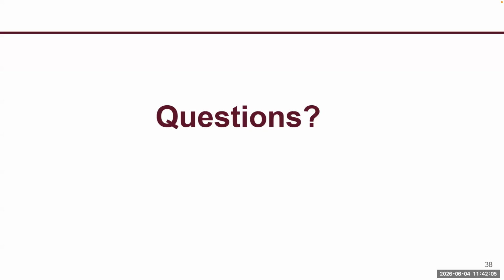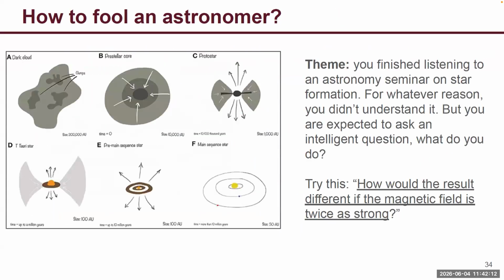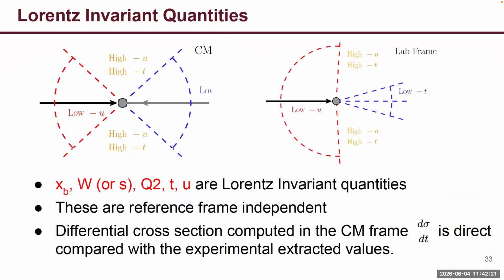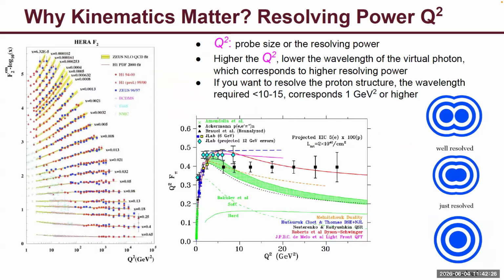There has been, on a channel by channel basis, for example in the pion form factor experiment, some very, very low Q squared measurements, but those are not ep scattering. So from some channels we have some good low Q squared data.